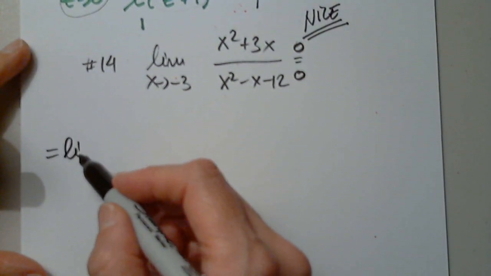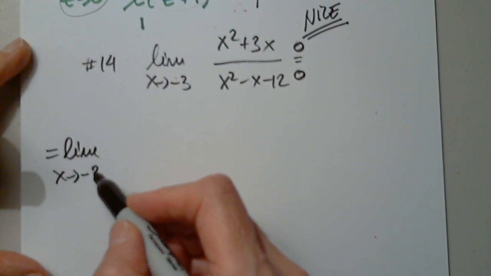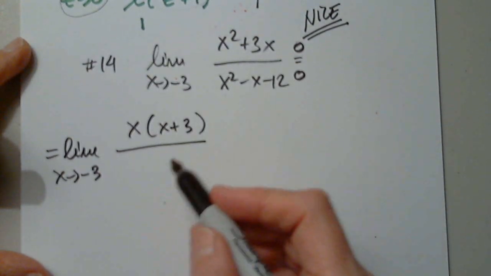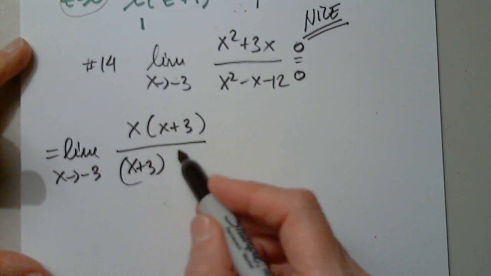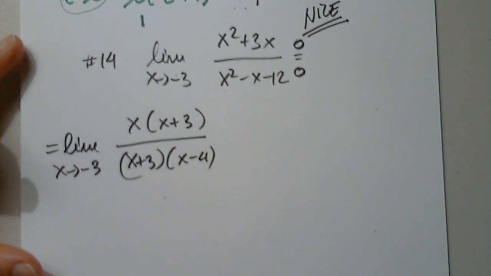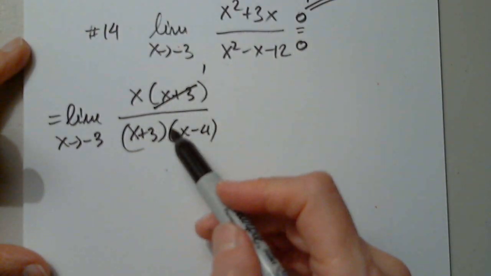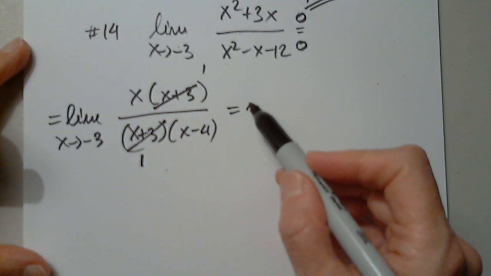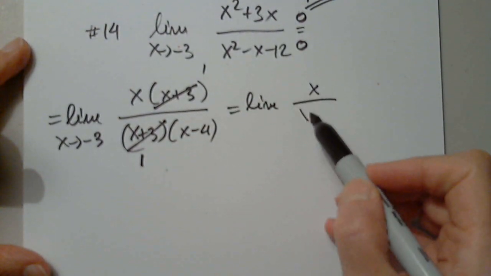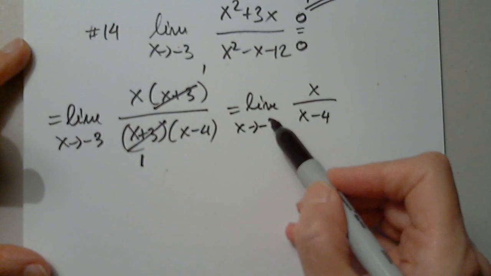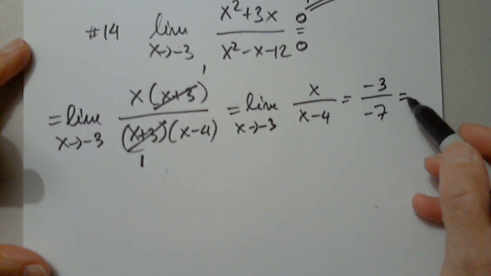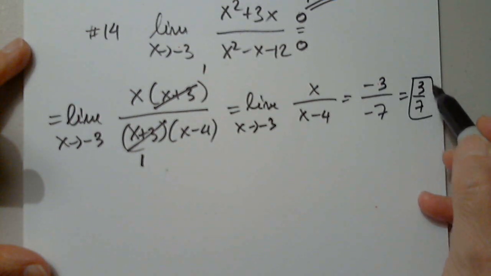What I'm going to do next is factor x plus 3 out of the numerator, and the denominator into x plus 3 and x minus 4. That's the whole trick to eliminate the problem. So now the limit is x over x minus 4 as x approaches -3. The numerator goes to -3. The denominator goes to -7. So the limit is 3/7.